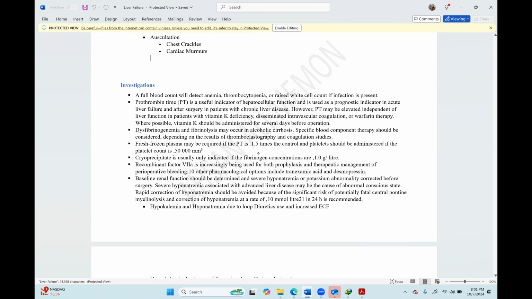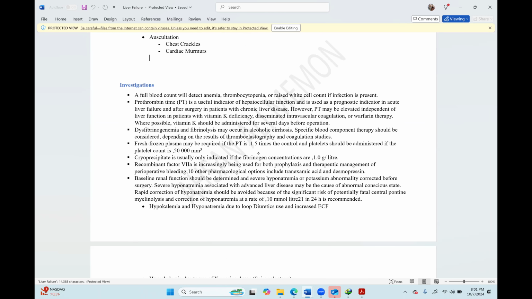Okay, so investigation mainly will be synthetic function and obstructive problem and other evaluation with the other disease, other systemic effects of liver disease.